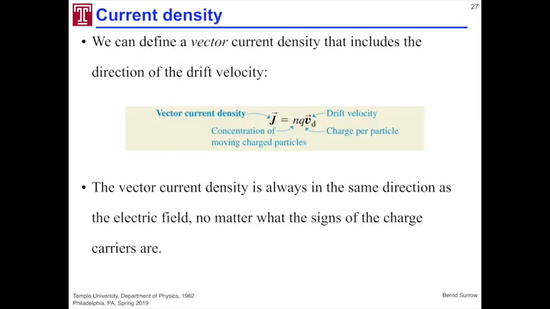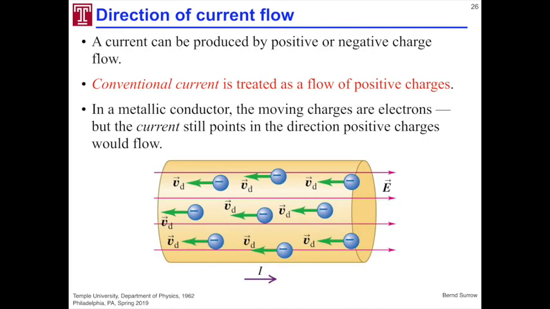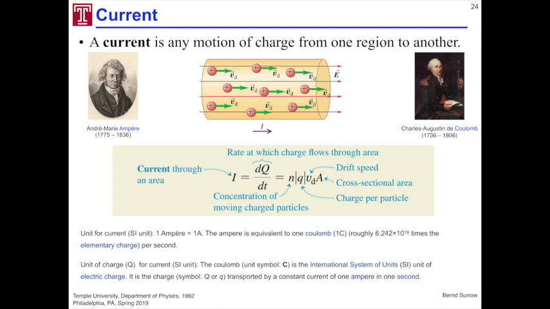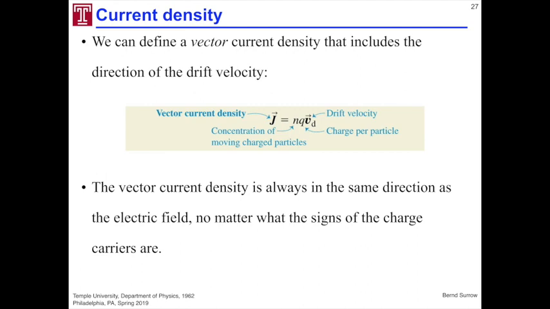And the direction of the drift velocity is inherited by the current density direction. So current density is the current per unit area, but written here as nq times the drift velocity. The current density is always in the same direction as the electrical field, because the drift velocity is taken as the direction of the electrical field here, as I've shown you before, but relative, of course, to the respective positive charge carriers.